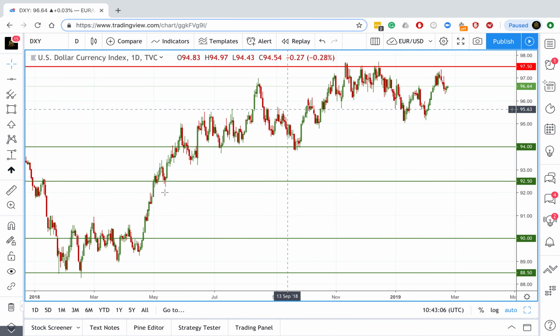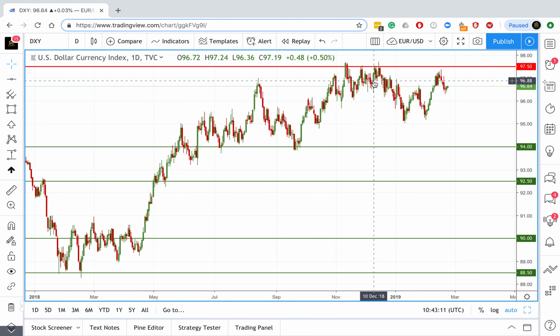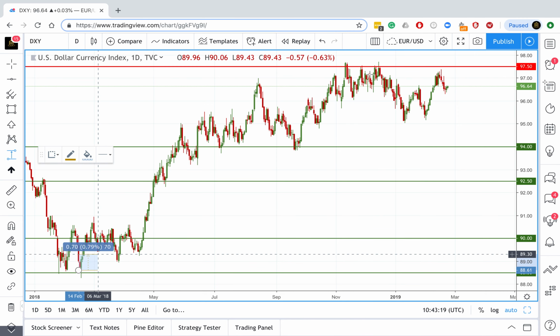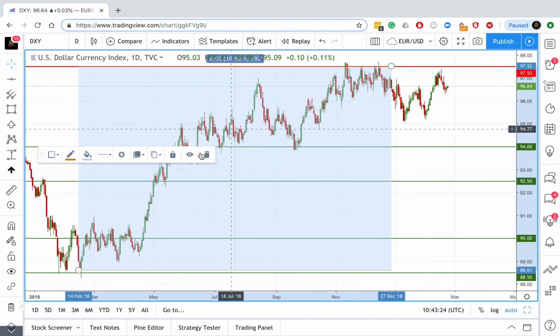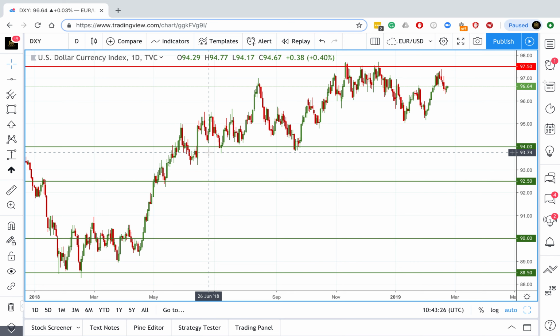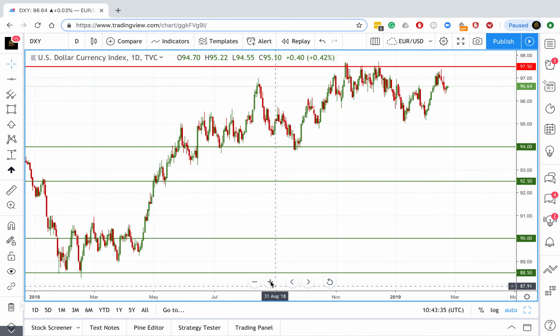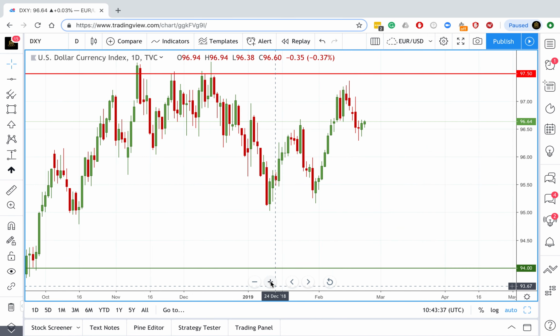So traders, as I have explained, in 2018 last year we had a very strong US dollar across the markets, and if you look at the US dollar against all major pairs around the world, the dollar really appreciated in value by around 10%, and the index was up around 10% as well in 2018. Now we understand why. This was being driven by the US central bank raising interest rates last year 4 times, and of course interest rates drive the value of a currency because it makes a currency more attractive.